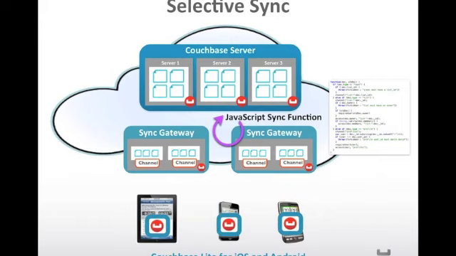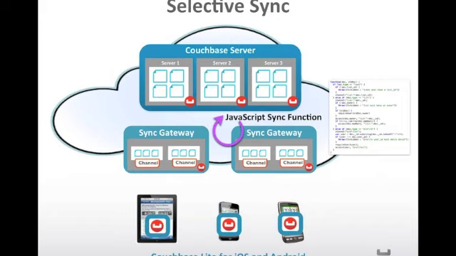Instead of writing it to, say, a globally readable channel, it's going to write it to to-do lists, let's say, that's only shared between some of the users, not all of the users. We'll drill into this sync function code in a minute, but I just want to make it clear that that's the place in this architecture where you, as the application developer, decide who gets to see what and who gets to modify what.